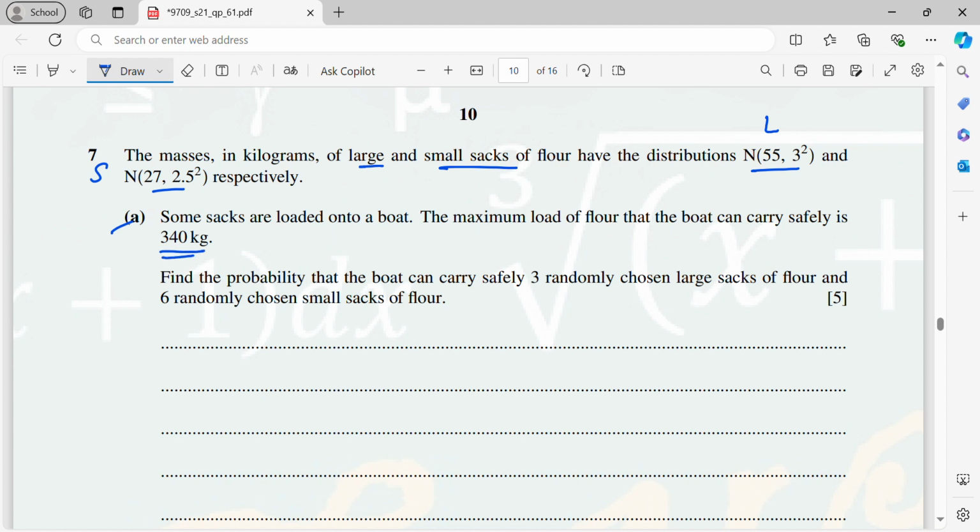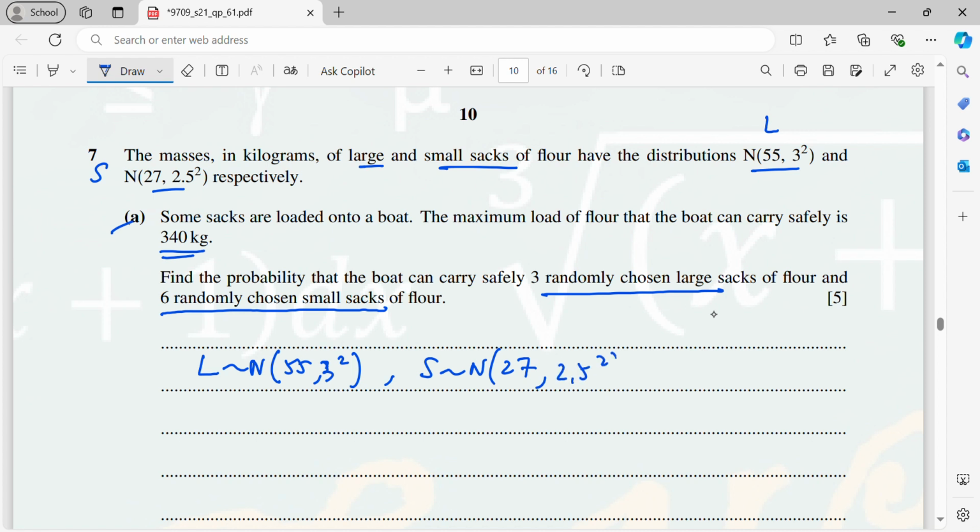Find the probability that the boat can carry safely 3 randomly chosen large sacks of flour and 6 randomly chosen small sacks of flour. For the large one, I use L. L is normally distributed with mean 55, variance 3 squared. And for the small one, S, it is normally distributed with mean 27, variance 2.5 squared.